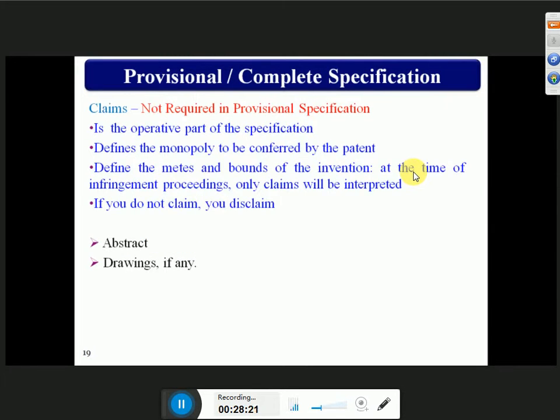Claims, as I said, are not required in the provisional specification but are a must in the complete specification. It is the operative part of the specification. It basically defines the monopoly to be conferred by the patent. Suppose I have invented a pen. Basically I have not invented the pen. The claim is not to be made for the pen because the pen is already there. The claim is to be made for capturing the image from the camera.